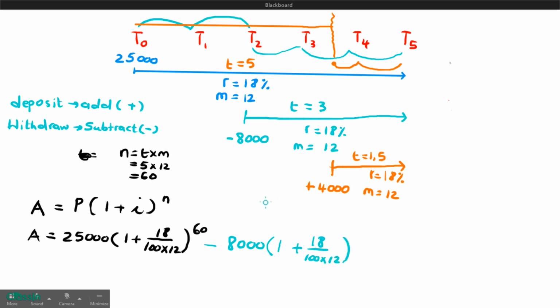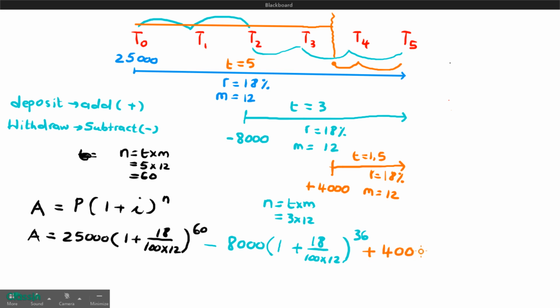But what is your N? Your N is equals to T multiplied by M, which is now, you said your T is 3, therefore 3 multiplied by 12 is 36. Okay? Now you are done subtracting. What happens thereafter? You add. What did you add? You add 4,000.